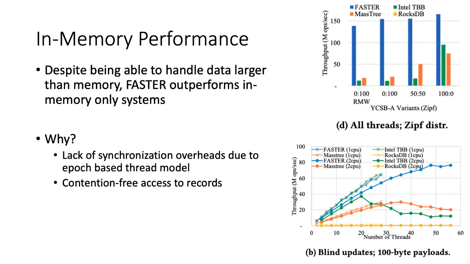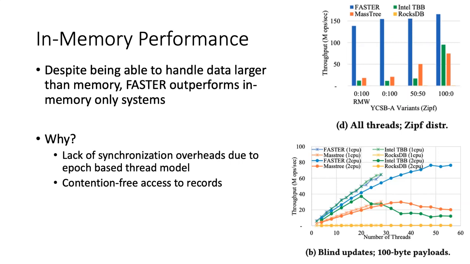But the point of these graphs is that between FASTER, Intel TBB, and Masstree, FASTER is the only one that actually handles data that can be larger than memory, yet it still far outperforms them on these tests. They don't actually talk about why in the paper, but my assumption is that this lack of synchronization at the index makes concurrent updates very efficient and free of contention.